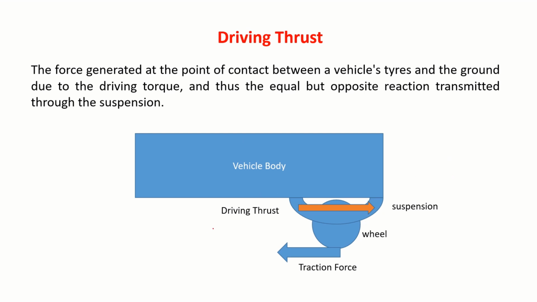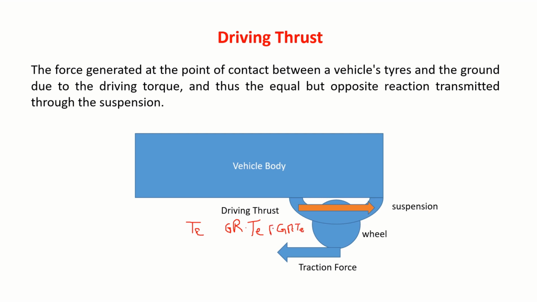As I explained in the earlier section, the engine develops the torque T, then this torque gets multiplied by the gear ratio of the transmission into the torque of the engine. Again this will go to the final drive, again gear ratio, then torque of the engine, then final drive.